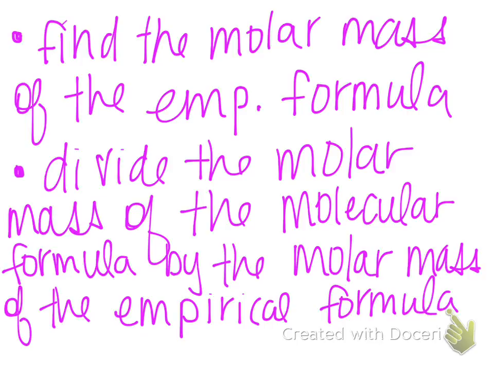That should give us a whole number. We'll look at an example, but it should give us a whole number, and then we can distribute that ratio throughout our empirical formula. So go ahead and turn your example page to the back here.